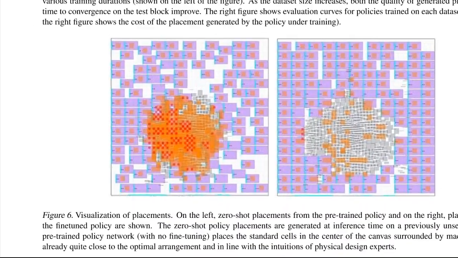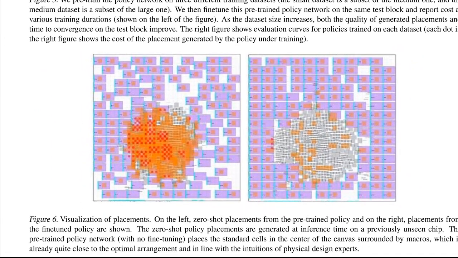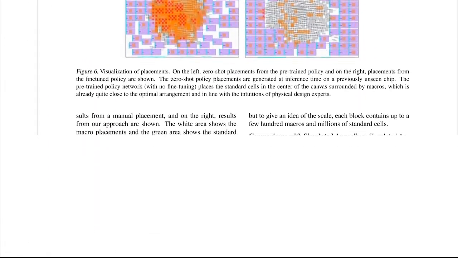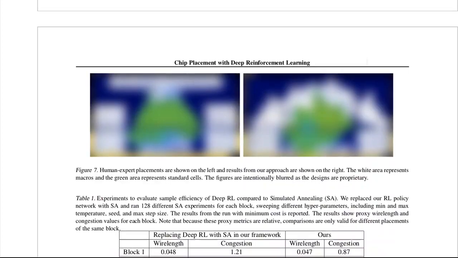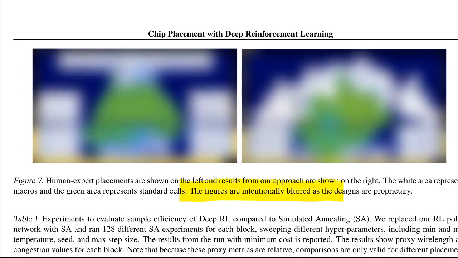Here you see one of these placements on the left, the zero-shot placement, and on the right, then fine-tuned on that particular architecture. Obviously, me being an expert in chip placement, it is clearly obvious that both are extremely good. Though, actually more funny, I find this one, where they compare human experts to what their approach is, and it says the figures are intentionally blurred as the designs are proprietary.